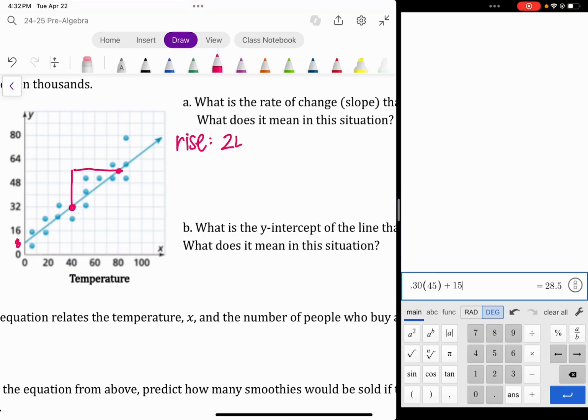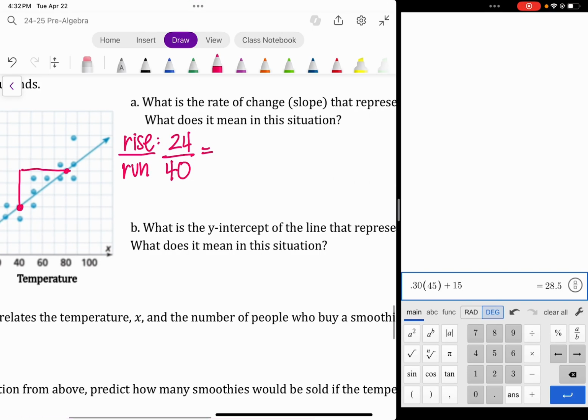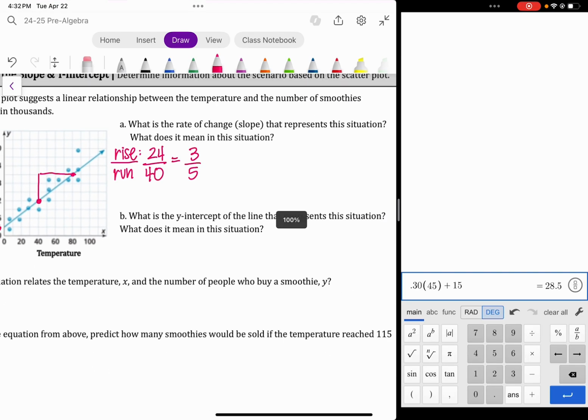So a rise of 24. And my run is 4 boxes, but each box represents 10. So 24 over 40, 4 boxes, each one represents 10. So 4 times 10 is 40. And then when I simplify that, they're both divisible by 8. So that makes 3/5.